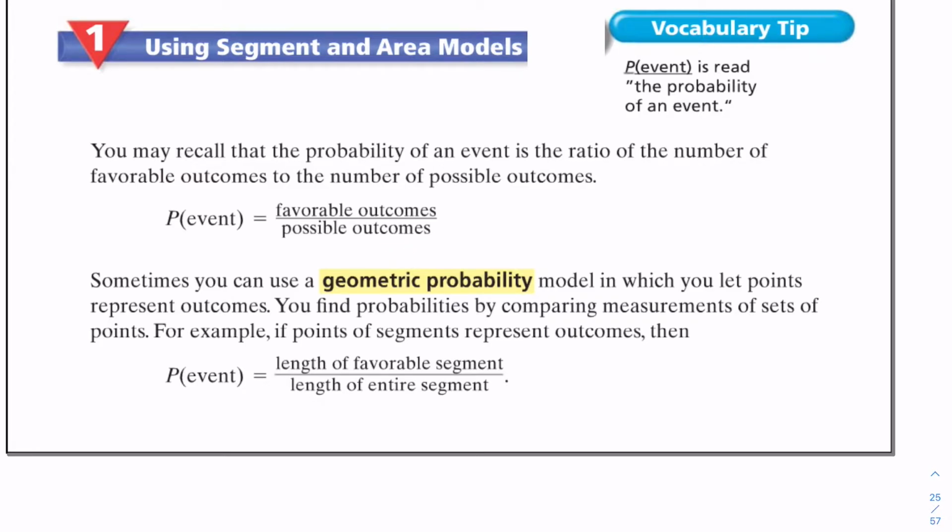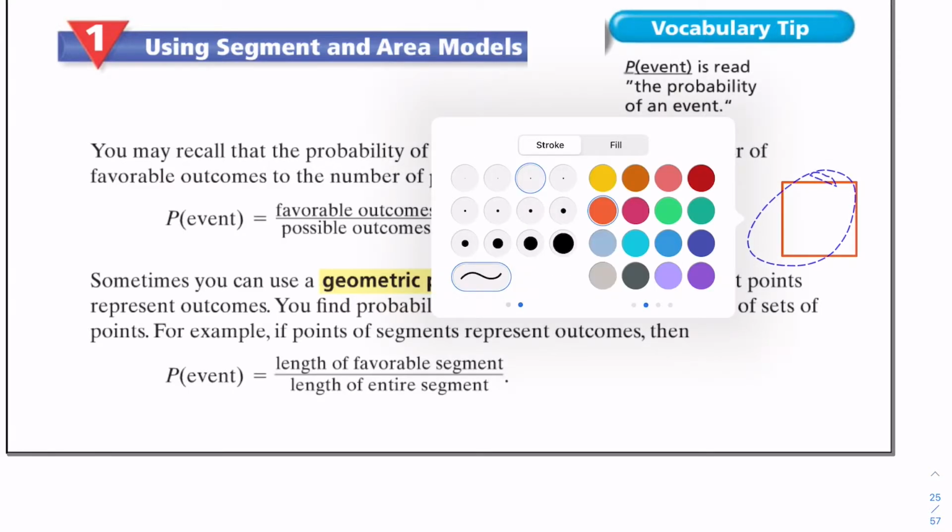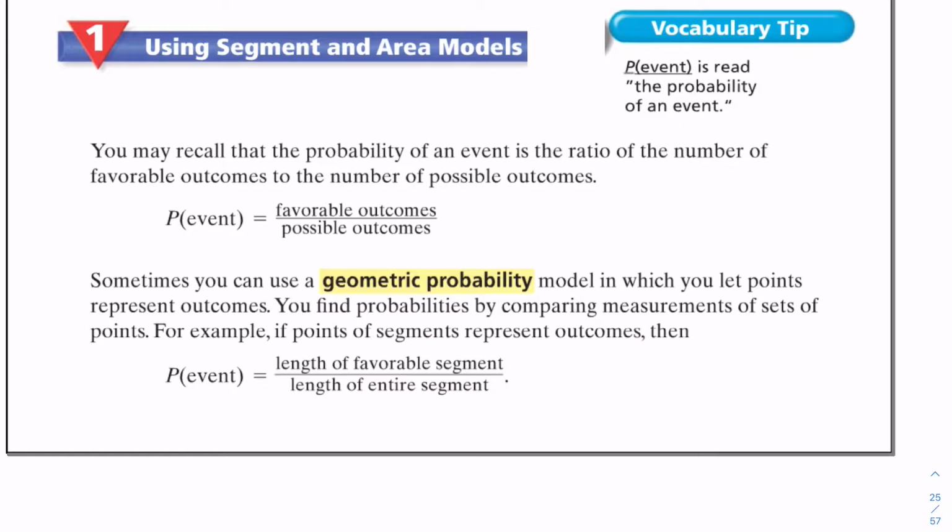So for instance, if I have a square with another square inside of it, and let's say I had this shaded, and it was a quarter of this, what's the probability of something landing in this shaded region?